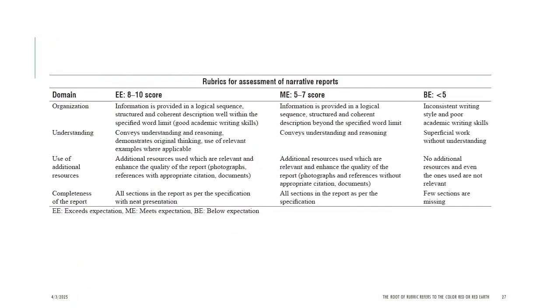Okay, and here this is another, we'll have different examples for rubrics of assessment of different ways of exams. For example, here this is a rubric for assessment of narrative reports, and here he used, of course, different domains or different criteria for evaluation, and he also used only three columns for the evaluation.